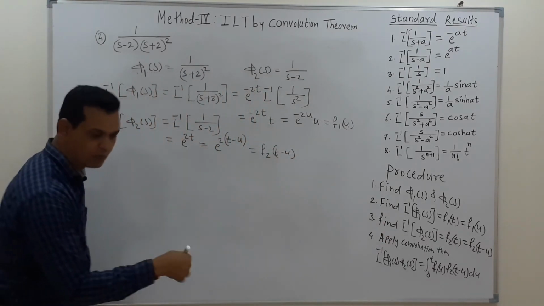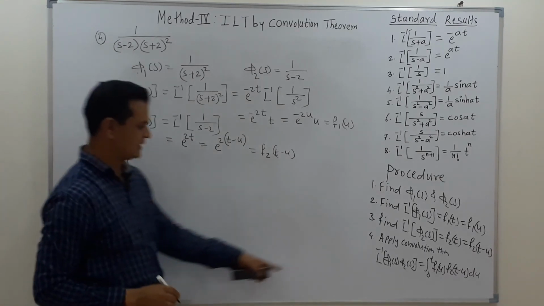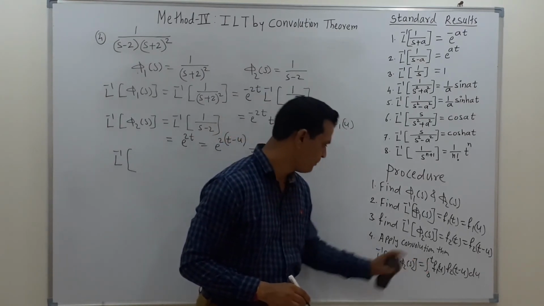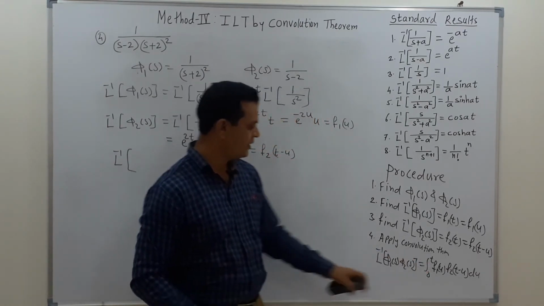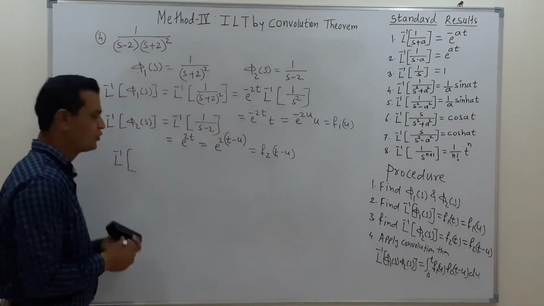Now apply the convolution theorem. This theorem says that the inverse Laplace transformation of phi 1 of s times phi 2 of s is equal to the integration from 0 to t of f1 of u times f2 of t minus u du. So now here we directly put the values.